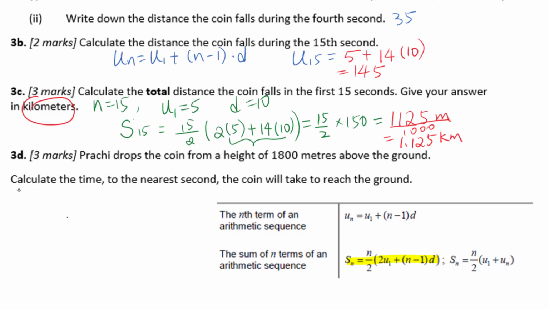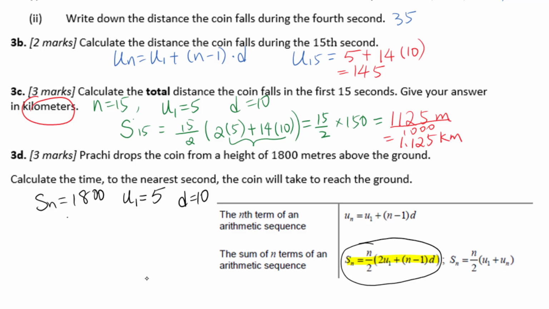According to the given information, we know S sub n equals 1800, u sub 1 equals 5, and d equals 10. We still use this formula to figure out this n. 1800 equals n over 2 times 2 times 5, which is 10, plus n minus 1 times 10.